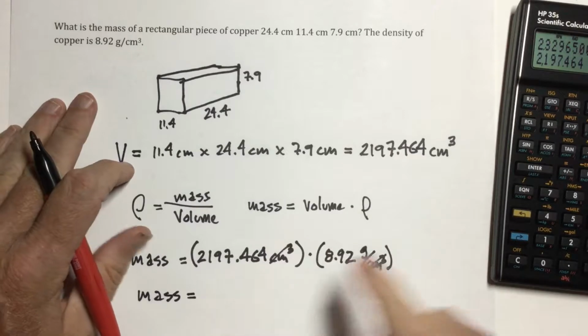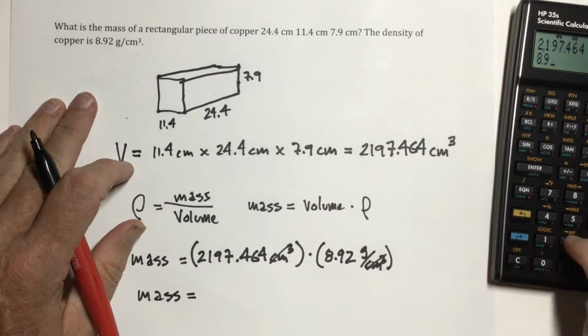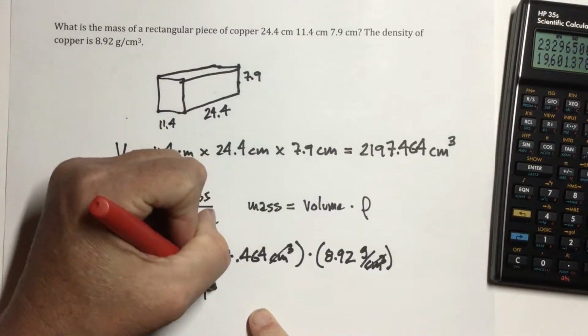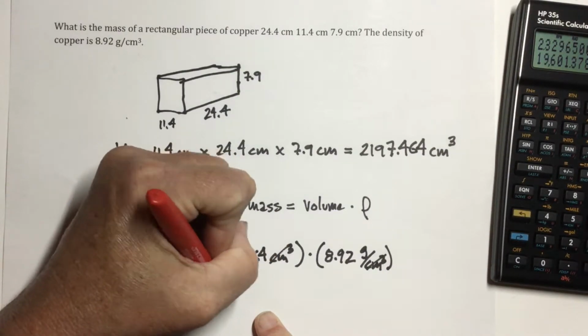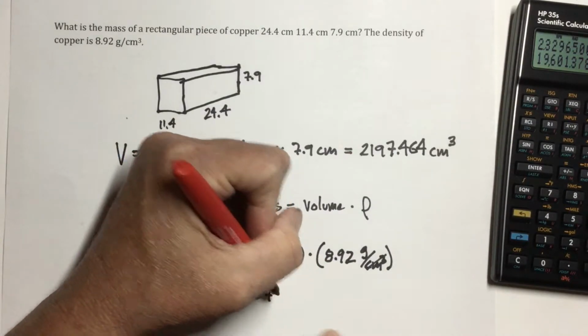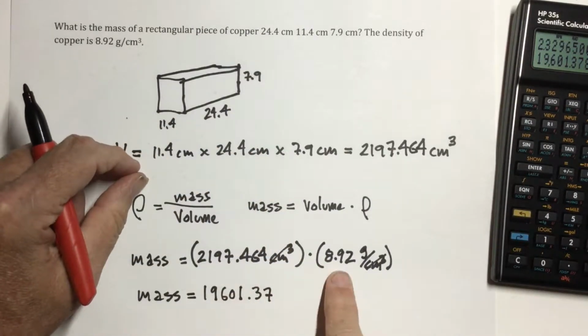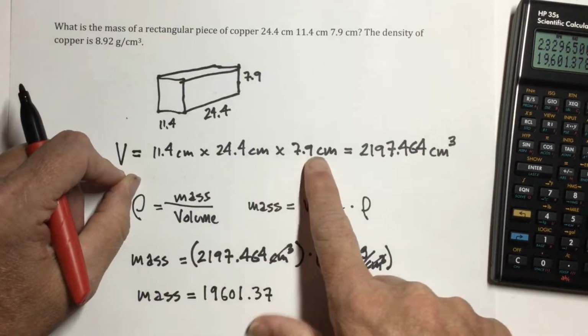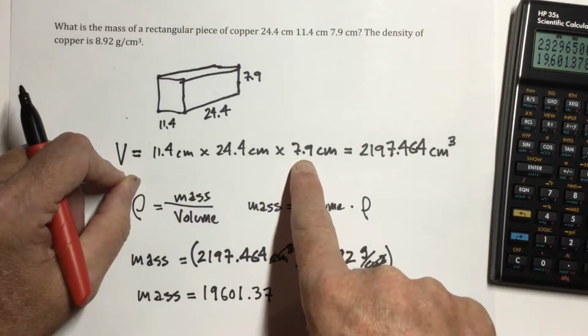So now, finally, the mass will be equal to this times 8.92. I still have that in my calculator, 8.92 times. Now, that comes to 19601.37 blah blah blah. However, I'm restricted to at most 2 sig figs.